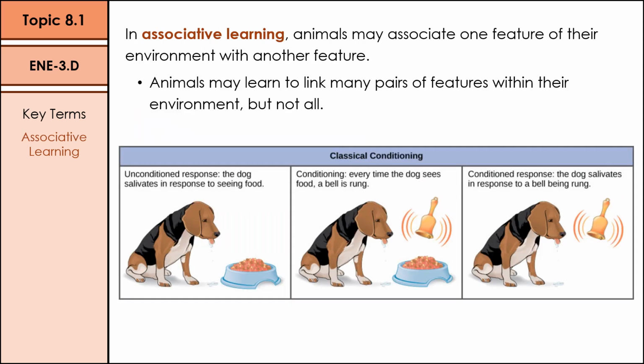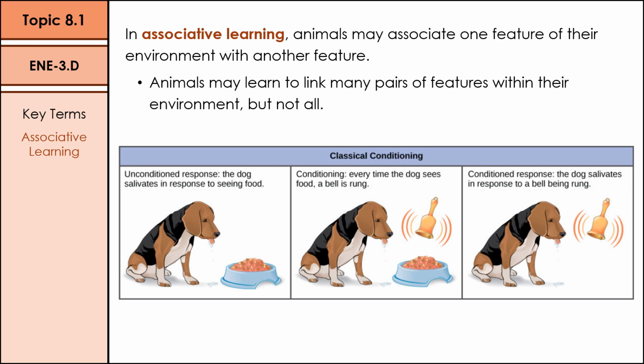Another one that those of you who have taken a psychology class may be familiar with is that of associative learning. So we're associating one thing with another thing. We link features of our environment together. A really good example of this being classical conditioning, the Pavlovian response from our dog. That dog sees food and hears a bell ringing.